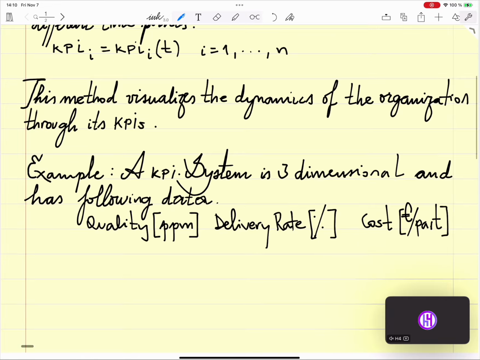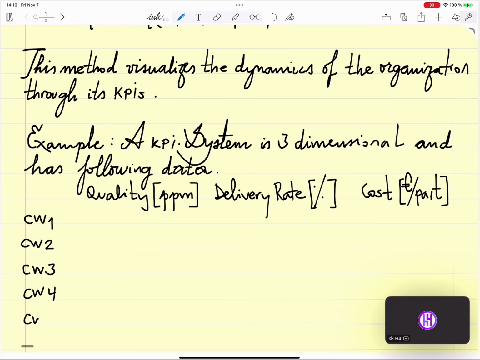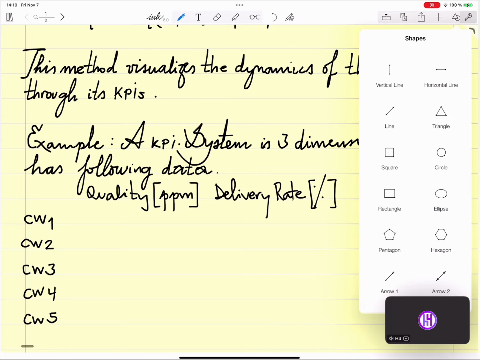Okay, and then we have the calendar week number 1, calendar week number 2, calendar week number 3, calendar week number 4, and calendar week number 5. So we have gathered some data.